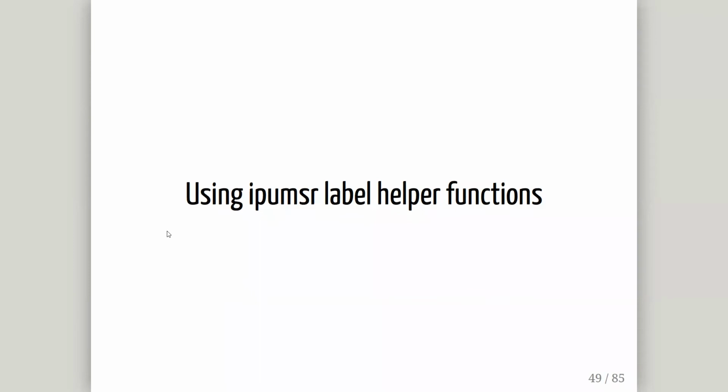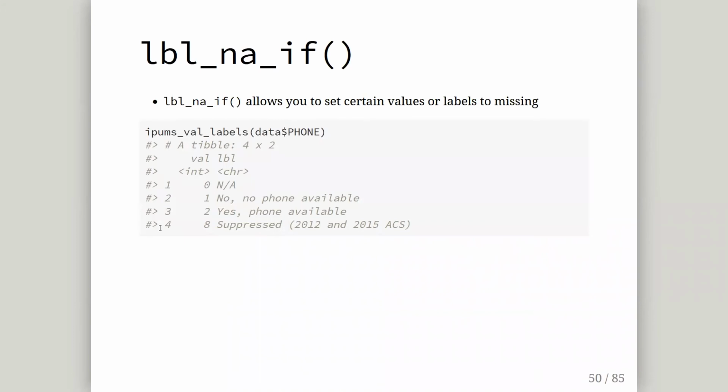There might be some trial and error, but I think it's worth it. So the first one we're going to look at is lbl_na_if, and all these functions start with this lbl_ prefix. This one, lbl_na_if, allows you to recode certain values to NA, which is R's missing value, according to either the value or the label.